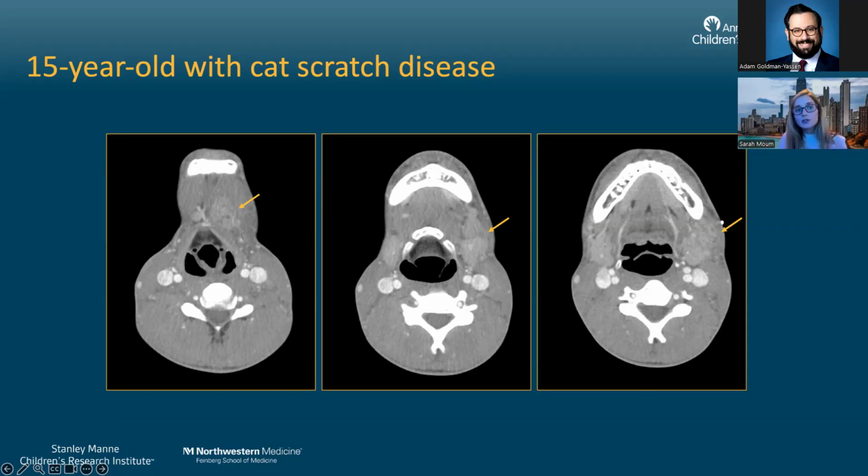In terms of locations, axilla is most common, but as we see here in this case, head and neck locations can be seen as well. Oftentimes patients self-resolve without treatment. This patient actually got azithromycin for progressive disease, but some patients may require incision and drainage if they end up going on to abscess formation, depending on when they present.